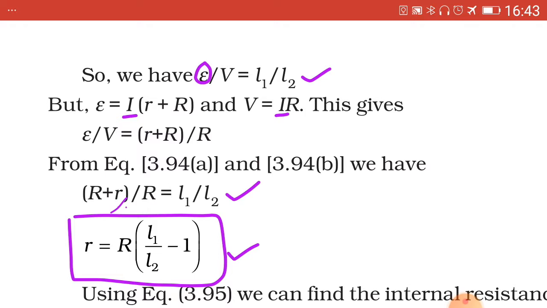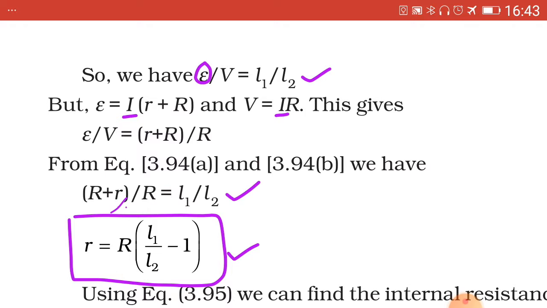Now making small r the subject of the equation and simplifying, we get small r equal to capital R into bracket L1 upon L2 minus 1, bracket over.